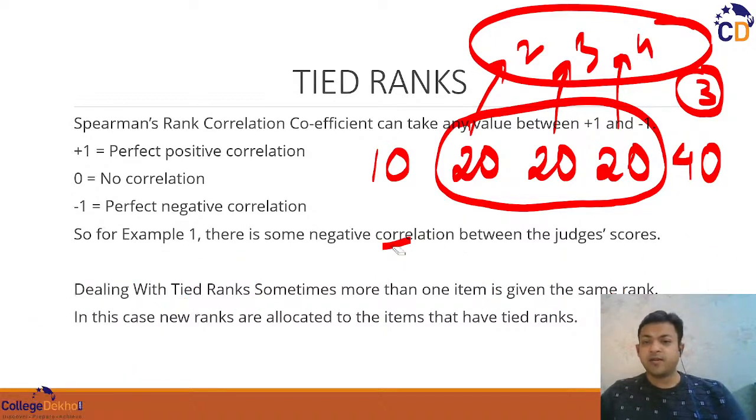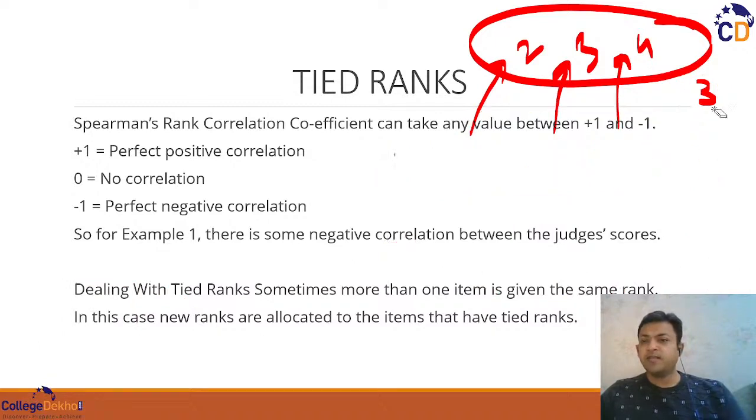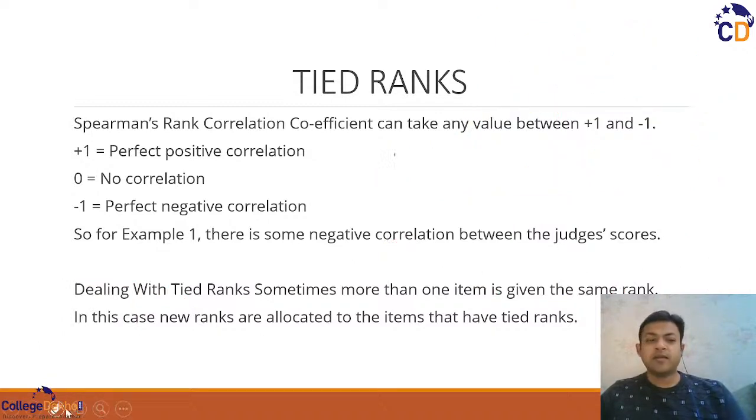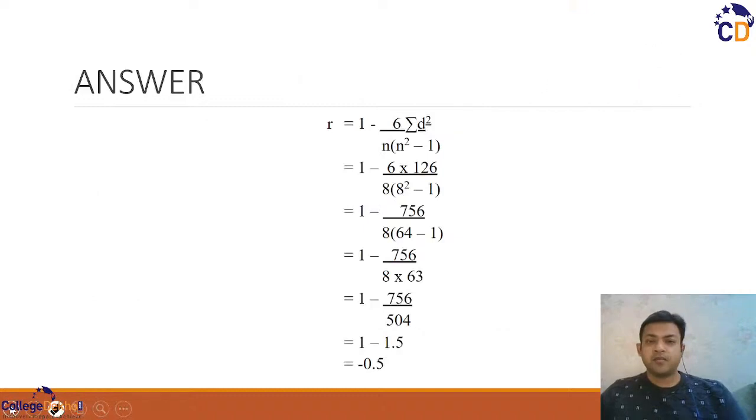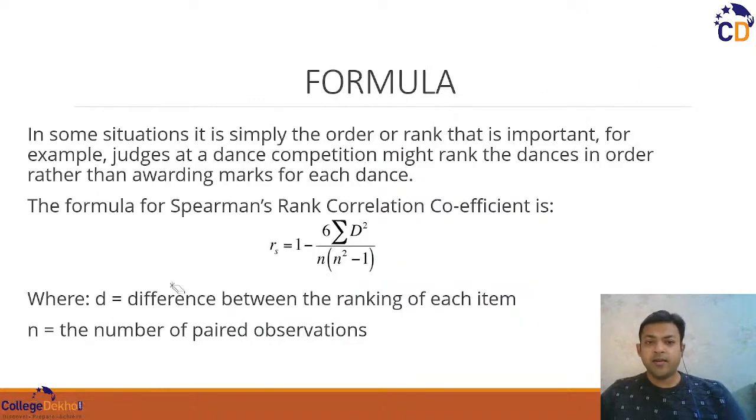The formulas are quite similar to each other. So please note the formula for a normal case of rank correlation. It is R, which is the rank correlation value, equal to 1 minus 6 times summation of d square over n times n square minus 1.